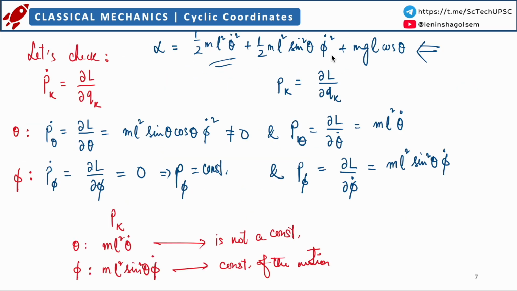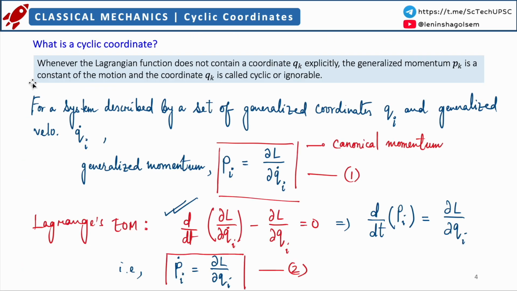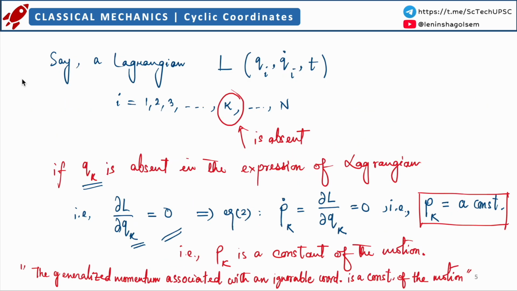Just to summarize once again, whenever the Lagrangian function does not contain a particular coordinate, say q k, explicitly, then the generalized momentum or canonical momentum associated with that coordinate is a constant of the motion, and that coordinate is referred to as a cyclic coordinate. Whenever a coordinate is absent, it is related with a constant of the motion.